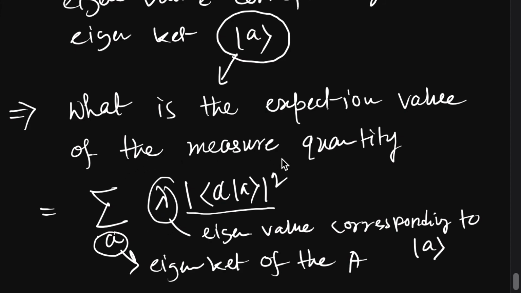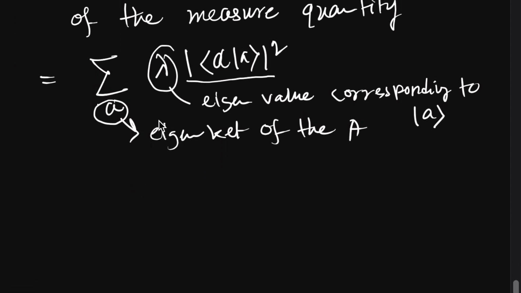So what is the expectation of the measured quantity? That will be the probability times the number lambda that is measured in that particular experiment. Lambda is observed with what probability? |<a|alpha>|^2. So the expectation will be the summation over a of lambda_a |<a|alpha>|^2.